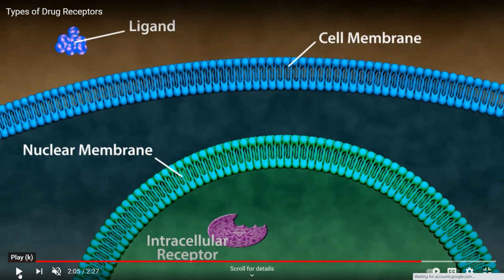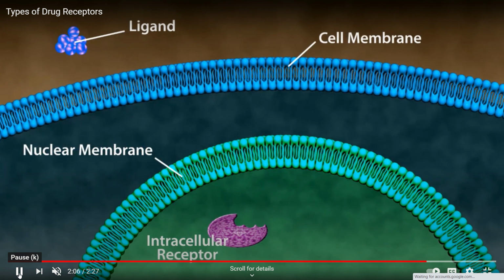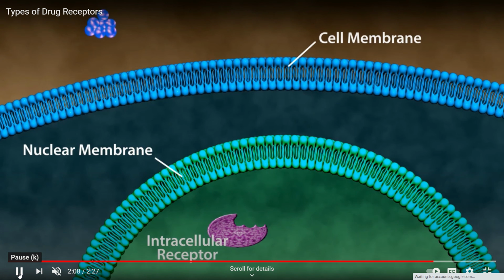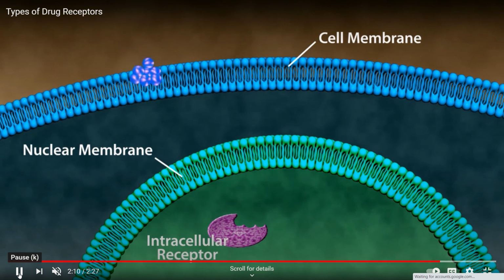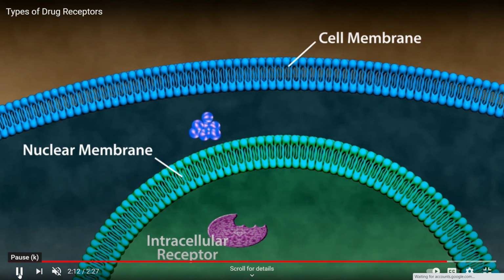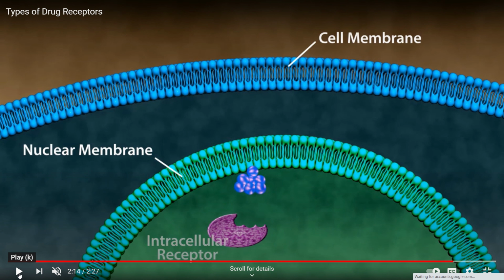Now, how about the fourth and last type? That is the intracellular receptor. This is very simple. In the intracellular receptor class, the ligand passes through the cell membrane, enters the cell and into the nucleus, crossing the nuclear membrane.